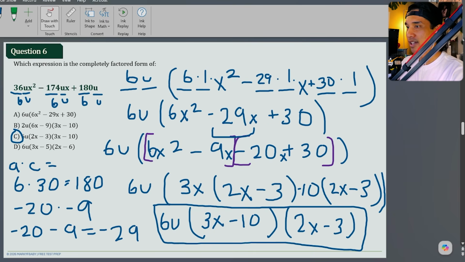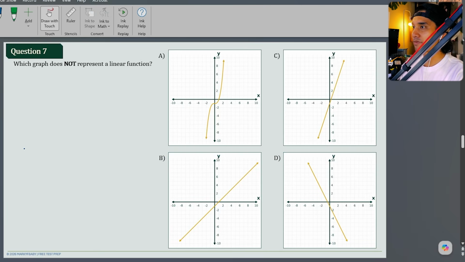Okay? All right, question number 7. Which graph does not represent a linear function? Okay. This one's a breather. This one's intentionally easy because all I'm going to do is find what is not a linear function. And folks, what is a linear function?